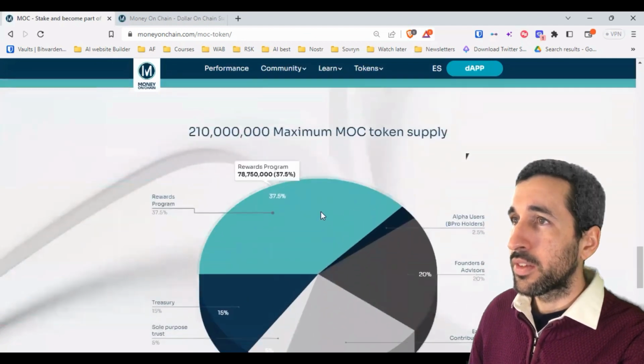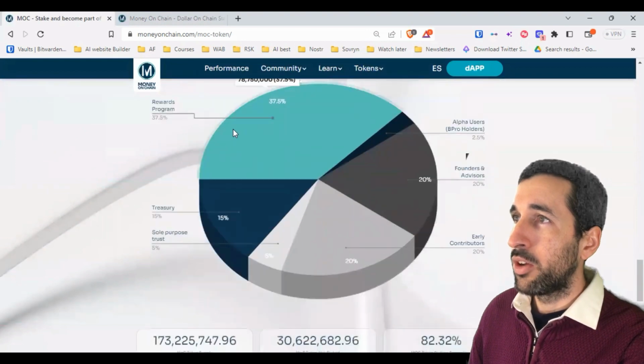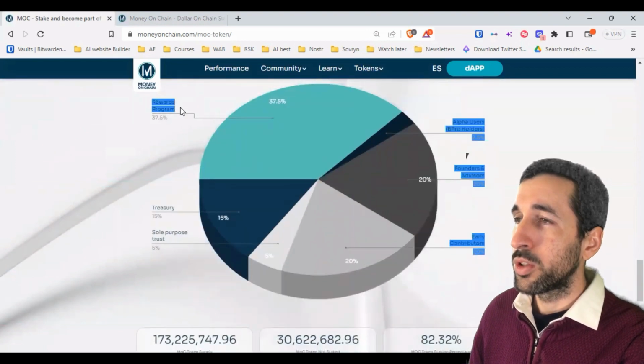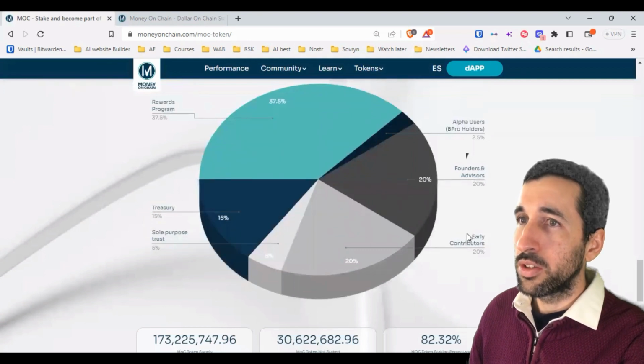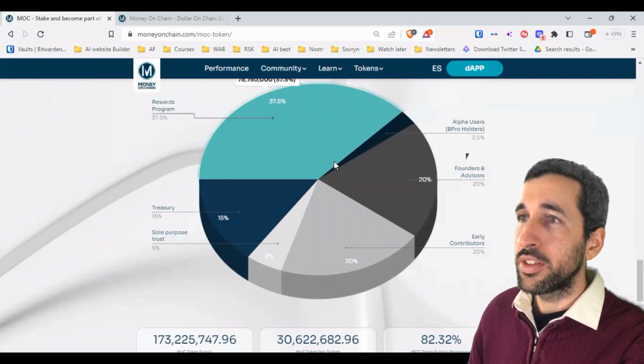Anyway, the next section is the initial distribution of the MoC token. We can see that a lot of it was for rewards programs, some went into treasury, early contributors, founders, and this small section here is the one that is reserved for the 𝒯𝓌𝒾 holders.